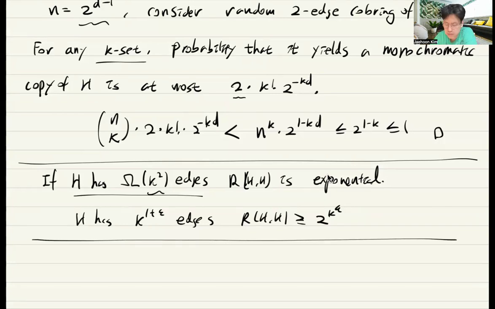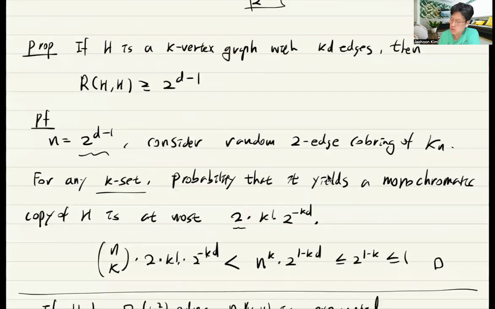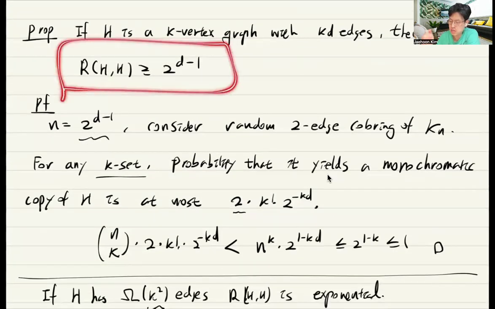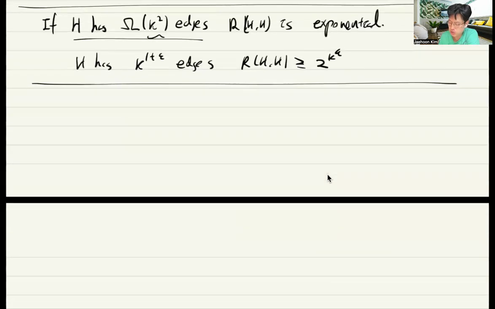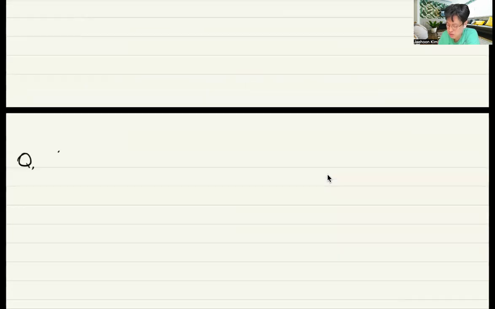Then what are the graphs with small Ramsey number? From this bound, what would be the natural candidates? Here, the average degree is somehow related. So the natural question is, what if we have a graph with constant average degree?